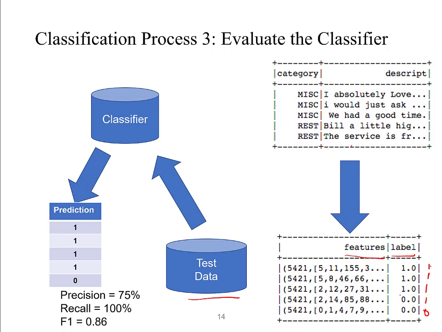Recall, we have 3 ones in the true labels, and all of them have been predicted correctly. So the recall is 100%, and the F1 you can compute as 0.86. Right. So this is how you evaluate your classifier.